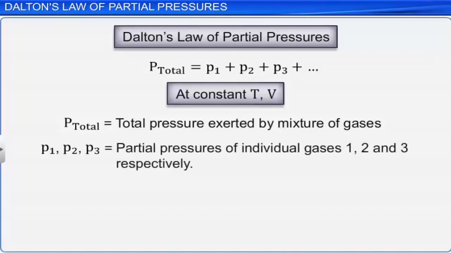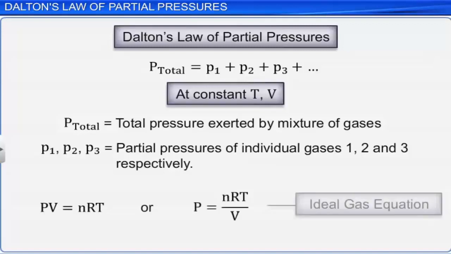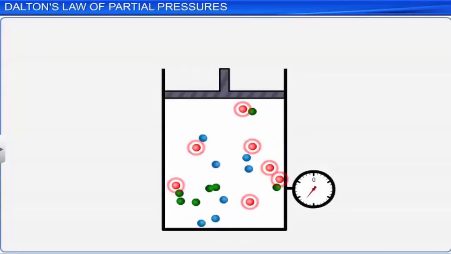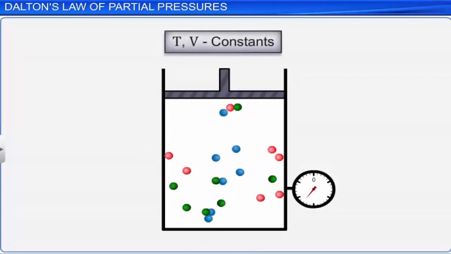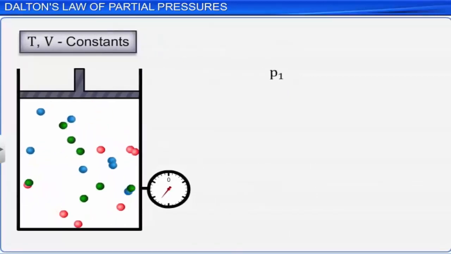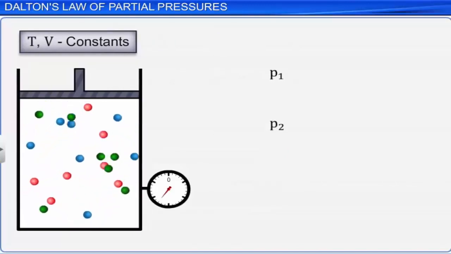Let us now calculate the partial pressure exerted by each gas from the ideal gas equation. Consider a mixture of 3 gases 1, 2, and 3 enclosed in a container of volume V at temperature T, exerting partial pressures P1, P2, and P3 respectively.